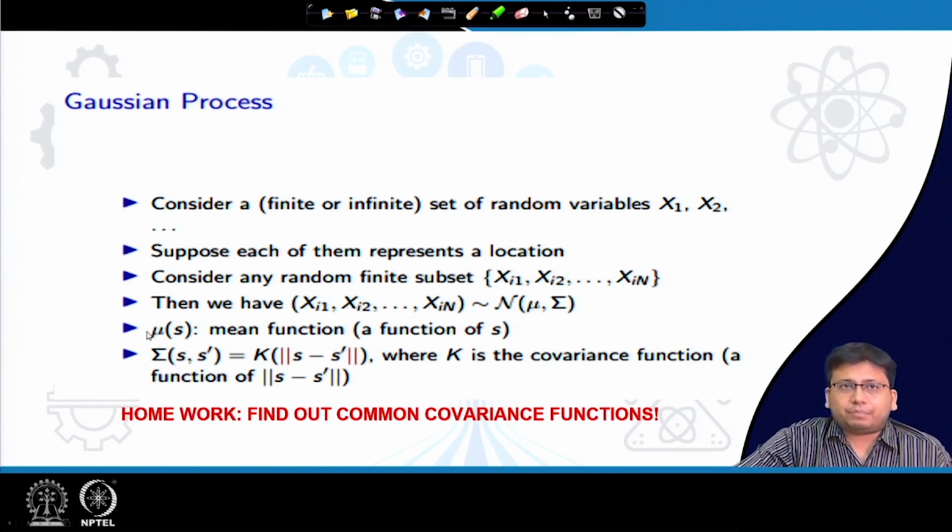Now the mu, the mean of that Gaussian distribution, is the mean function. Whenever you are considering any particular point in space, its mean is to be expressed as a function of that location. If that location is expressed in terms of latitude and longitude, you should be able to calculate some function of that latitude and longitude and get that value mu.